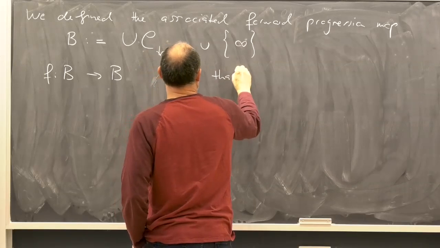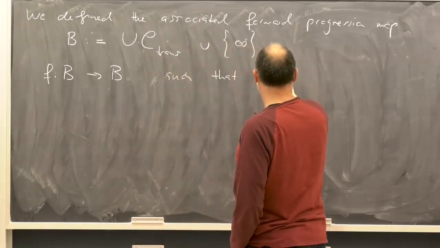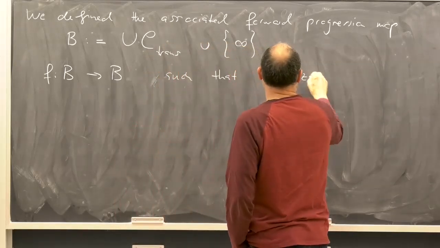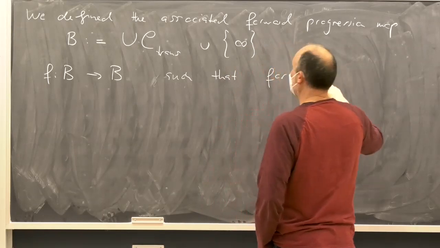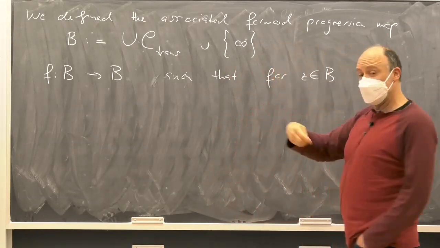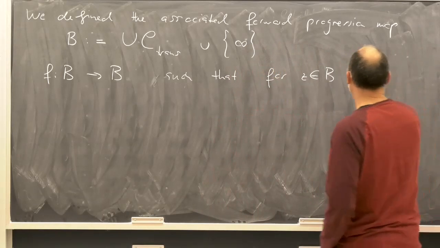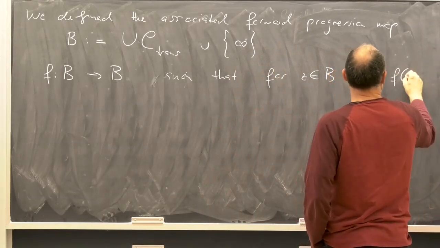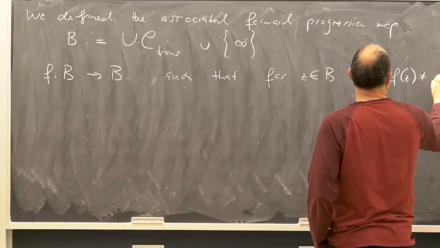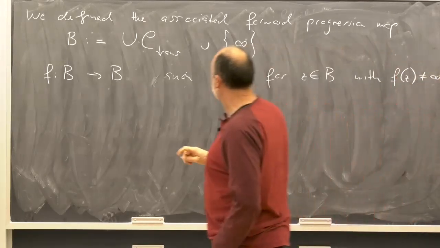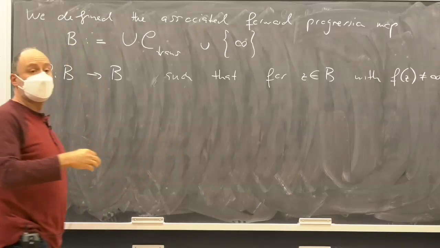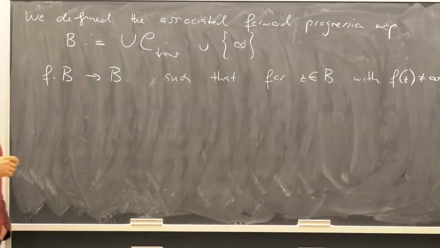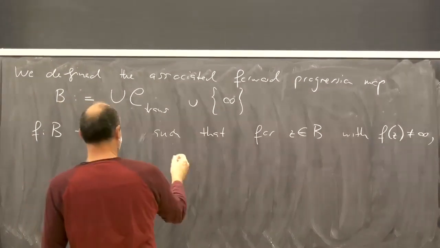if you have a point Z in B which does not get mapped to infinity, to a singular point, then the point F of Z comes later on the same leaf as Z was. That's the idea, right?